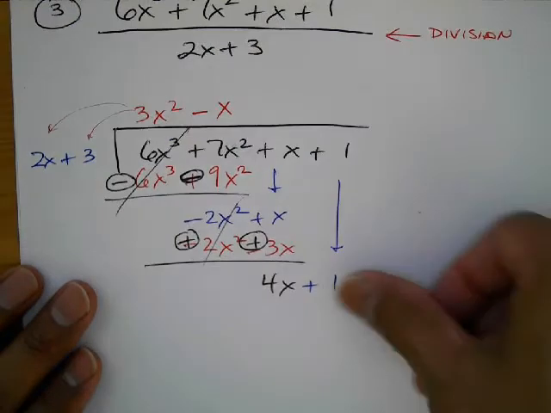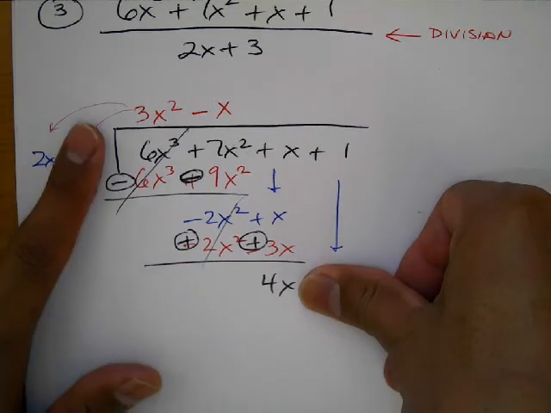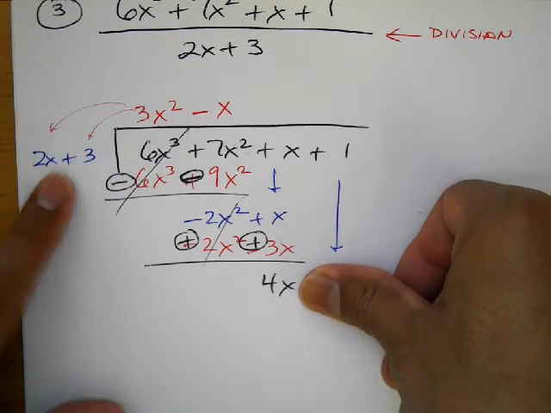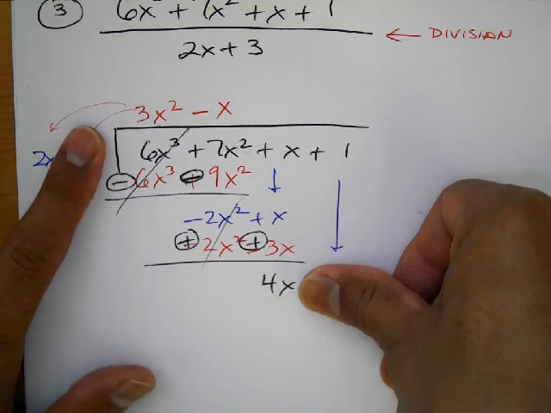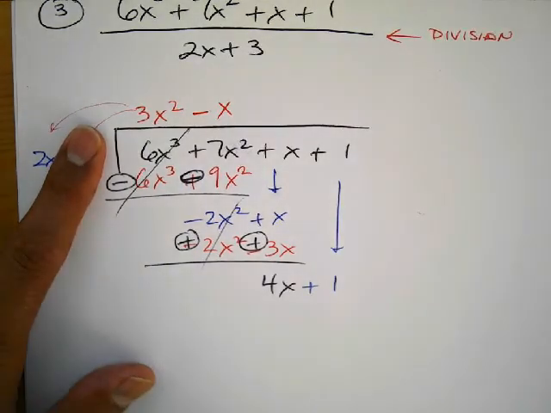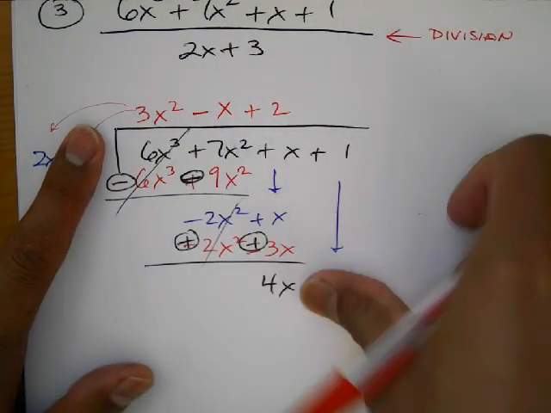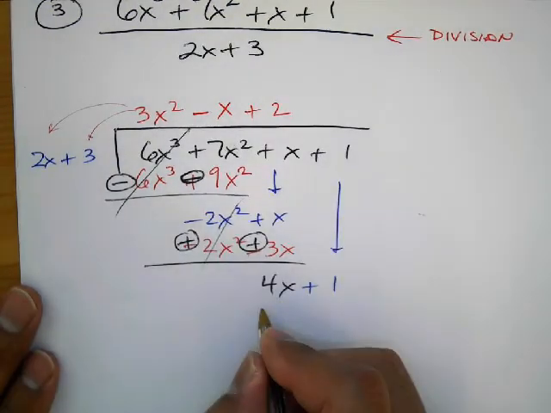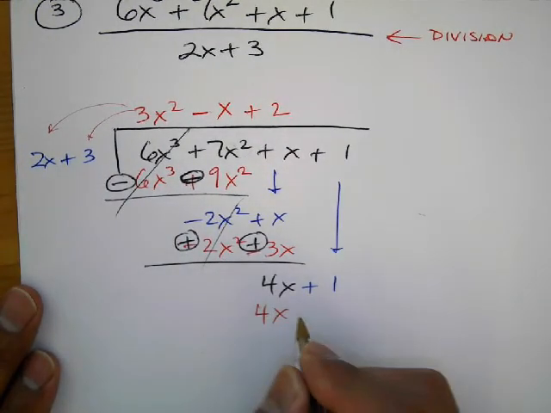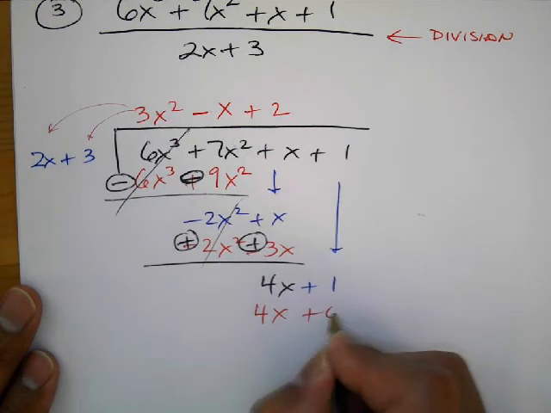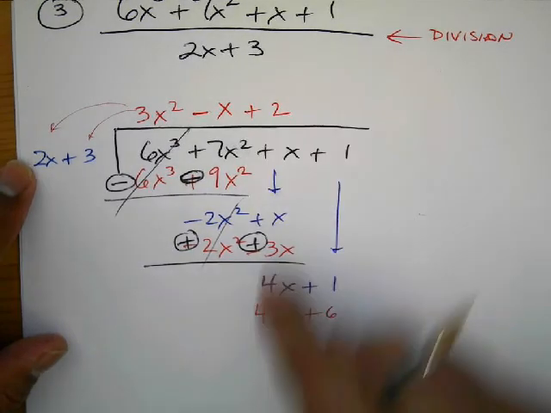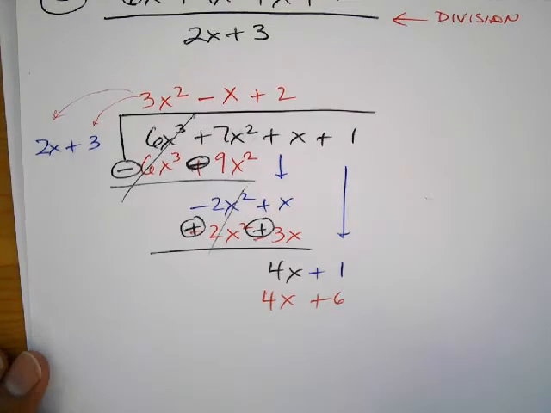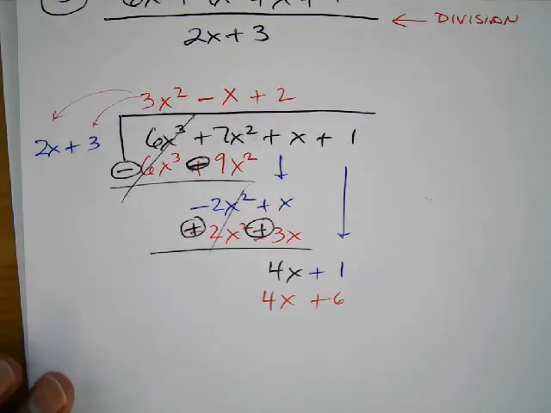Drop the last one and do one more round. How do we do it? We just look at the first one. What do I need to multiply to a 2x to get a 4x? Well, that's just a plus 2. Now multiply this to both of these. That'll be 4x plus 6. 2 times 2x is 4x. 2 times 3 is 6.